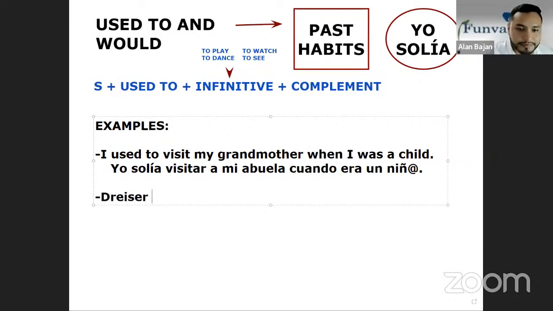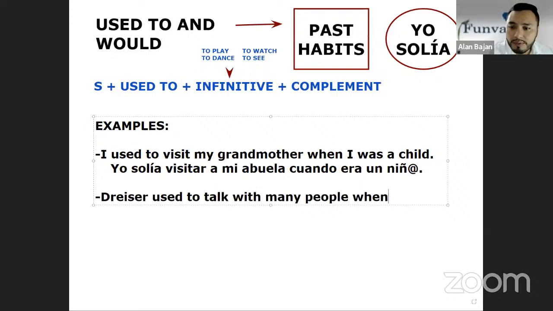Razor used to talk with many people when he was a missionary.